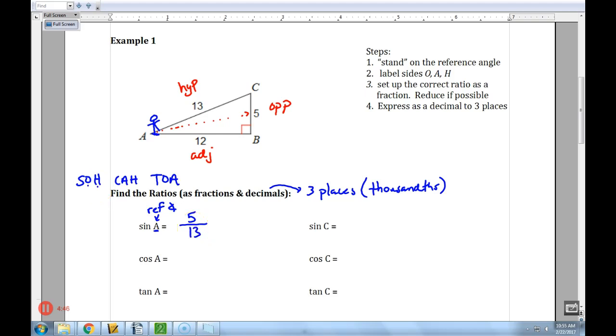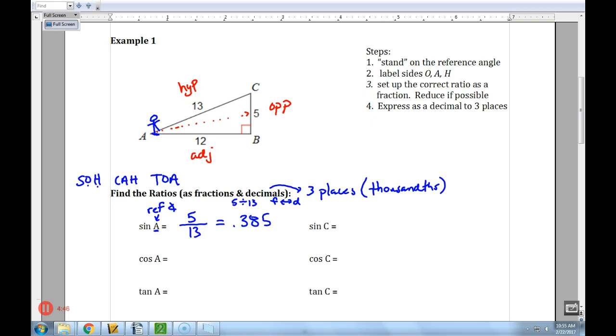Then we change this into a decimal by punching in 5 divided by 13 on the calculator. There's also an F to D key, but I think it's faster just to do 5 divided by 13. We get 0.3846, which is 0.385 when we round it off.